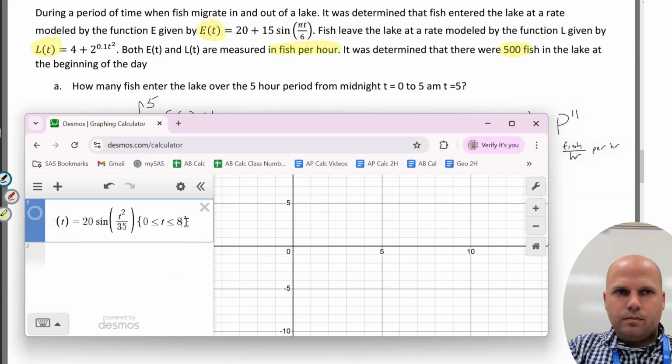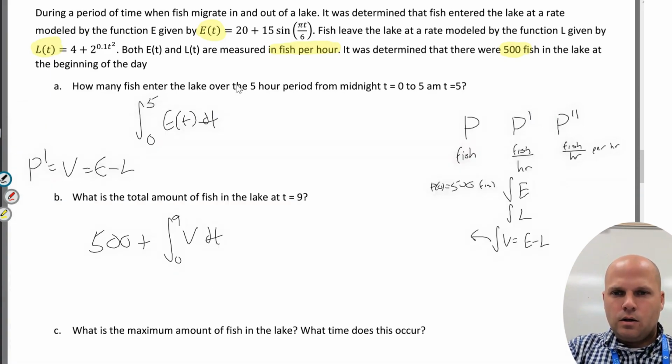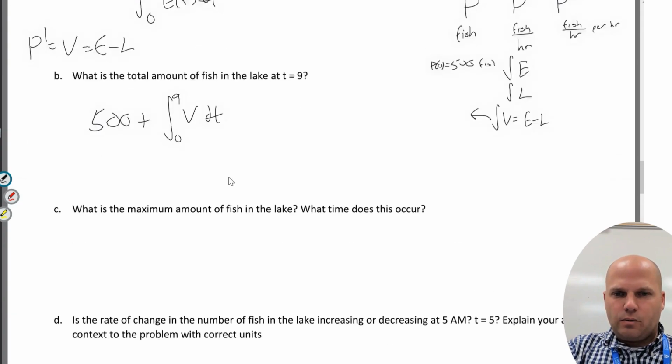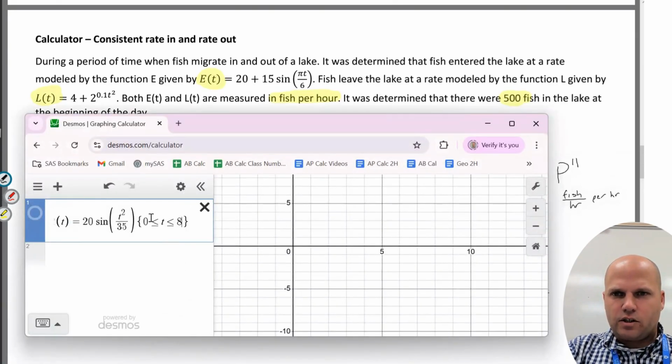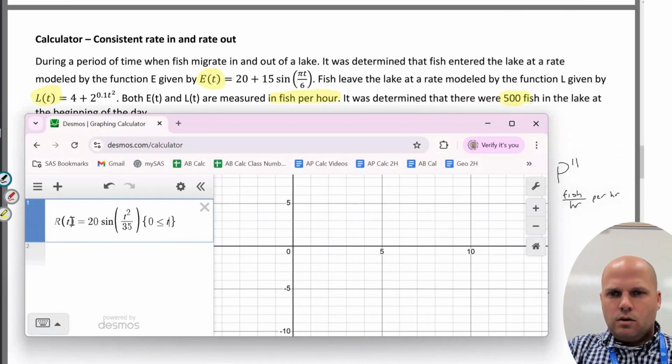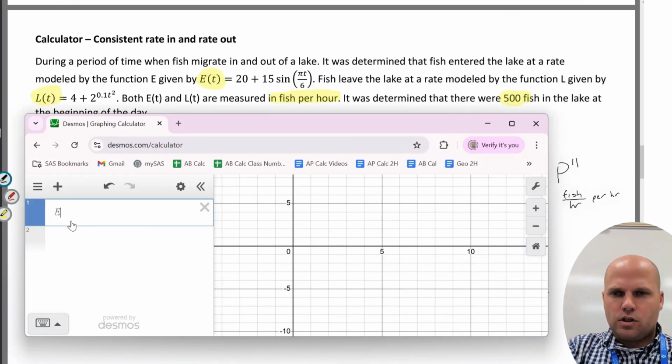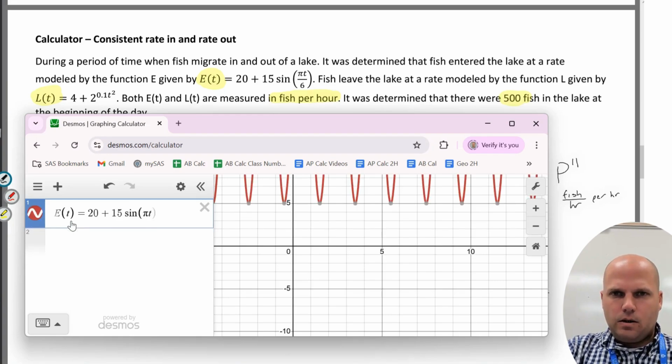I feel like we're going for like 24 hours, so I don't want to restrict this at all. So I'm just going to say E is 20 plus 15 sine pi t over 6.